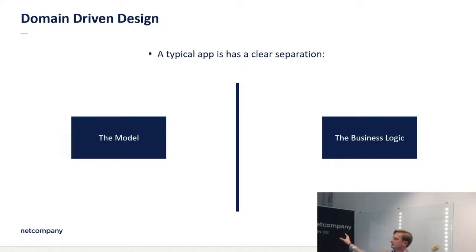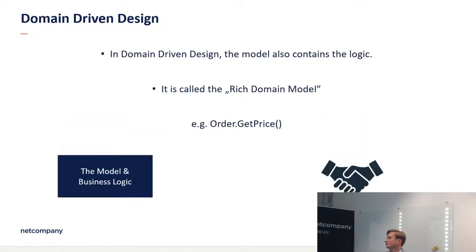Often you have a separate class that contains the business logic and a separate class that contains the model. You pass the model into the controller or service, and then it does stuff with it, right? Domain-driven design has a different approach. It has a rich domain model. So the business logic is actually inside the class, inside the model, and all the methods that are connected to the domain should be inside the rich model.